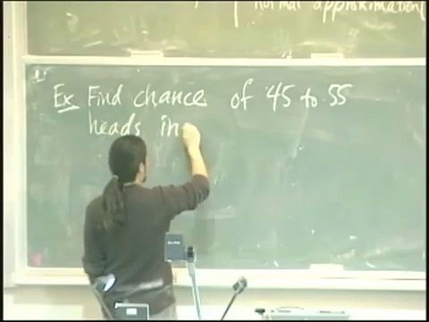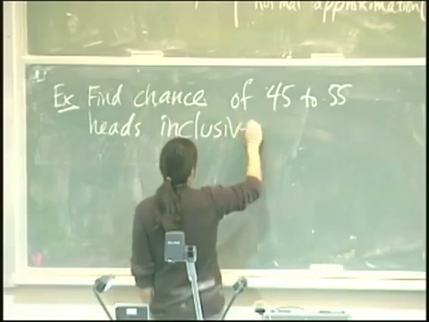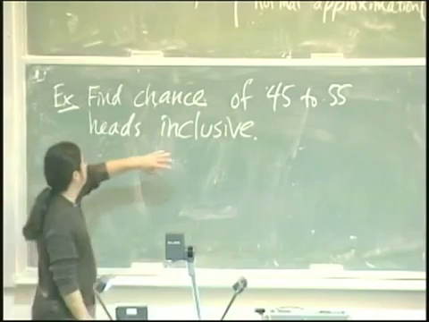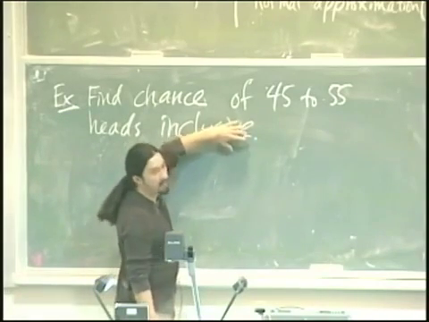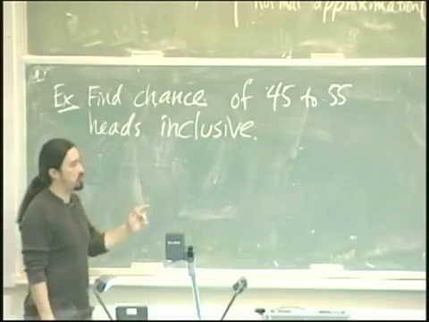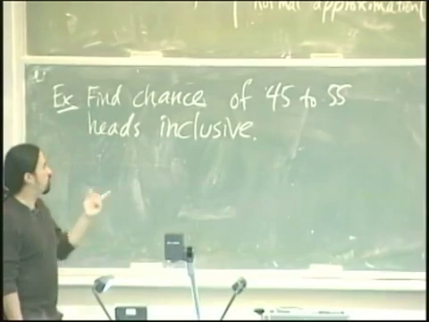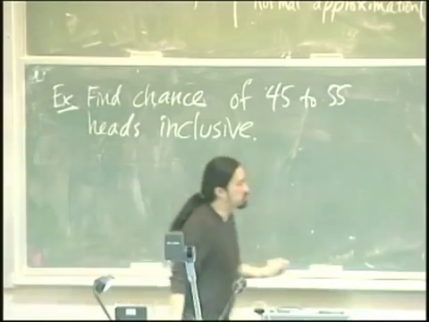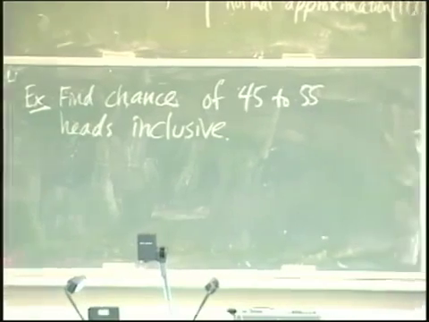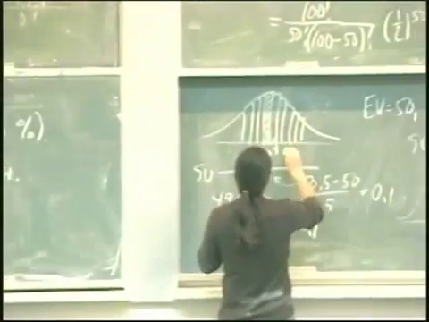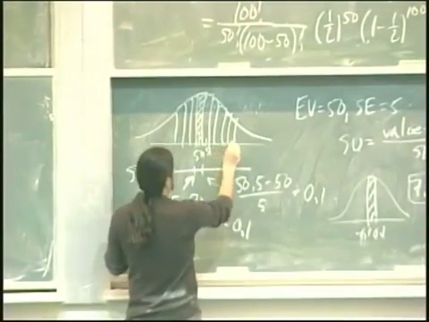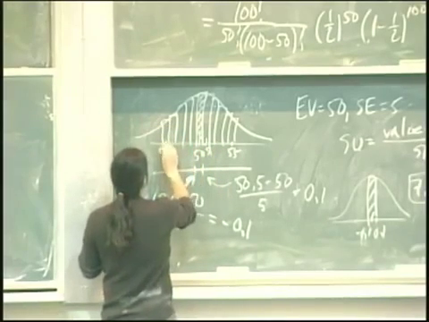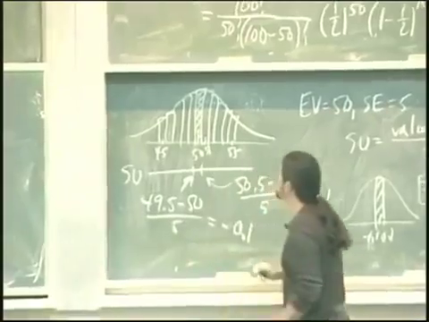So the book has this word inclusive. Inclusive means including the endpoints. If I just said find the chance of 45 to 55 heads, it's a little bit vague as to whether or not 45 and 55 should be included in that calculation. What's really going on is I have a bunch of bars, 45 up to 55.